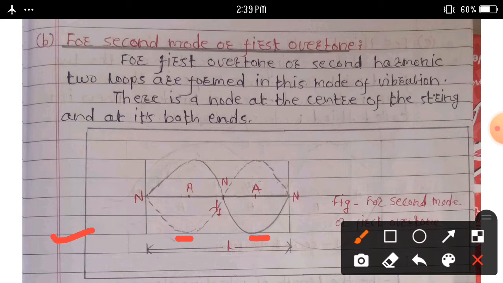There is a node at the center of the string and at both its ends. When the string is plucked at two points, three nodes and two antinodes form here.